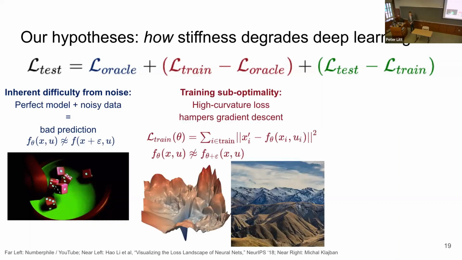This second term is what I would call training suboptimality. In your gradient descent process, do you actually end up finding the parameters that fit the training data as well as possible? And while conceptually we would like to think this is a convex bowl-like landscape, because the model is also nearly discontinuous in the parameters, small changes in parameters can change the value of the training loss a ton.